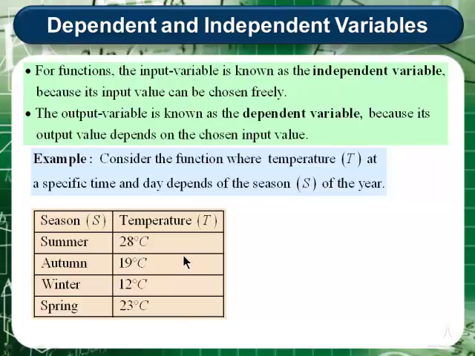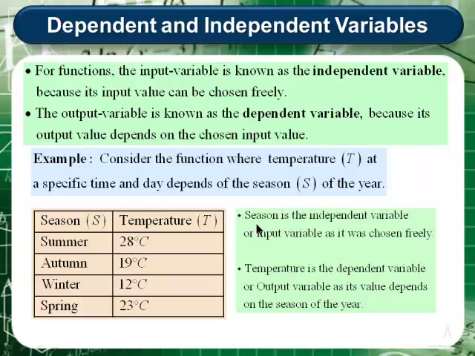Here we clearly see that the temperature depends on which season we are in. Of course, winter it's much colder, summer it's much warmer. So what can we say? We can say season is the independent variable or input variable as it is freely chosen. Temperature, however, is the dependent variable or output variable, as in this particular case, it depends on the season of the year.